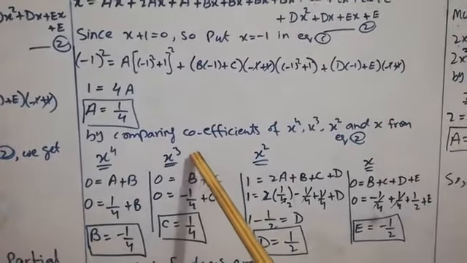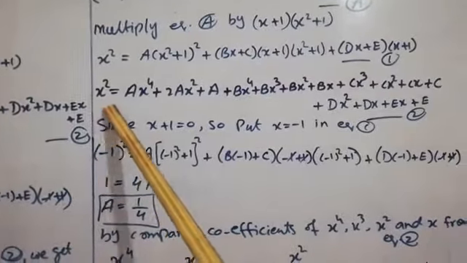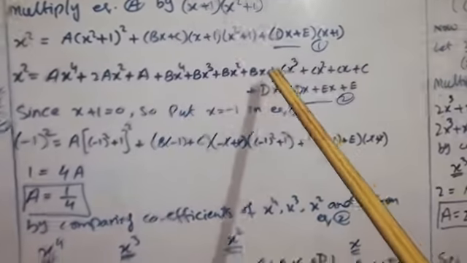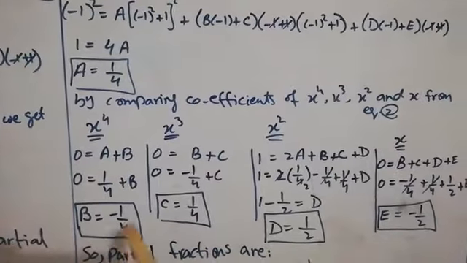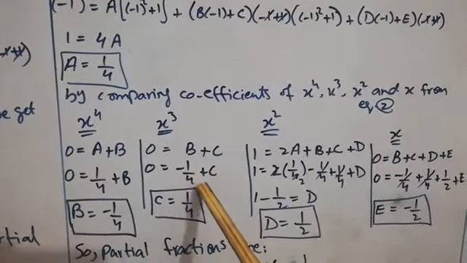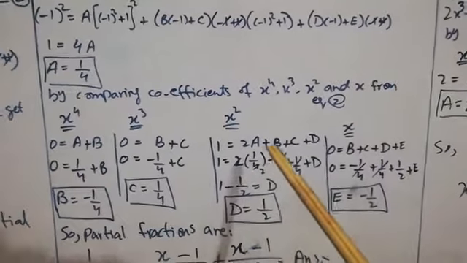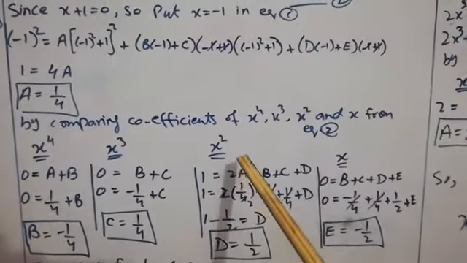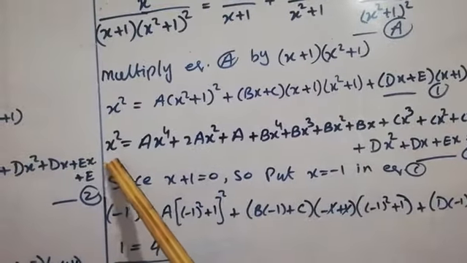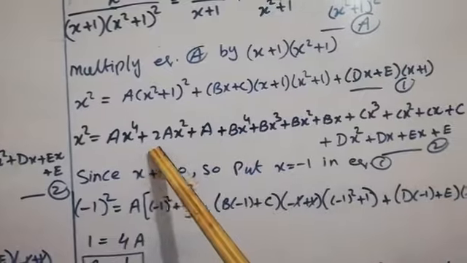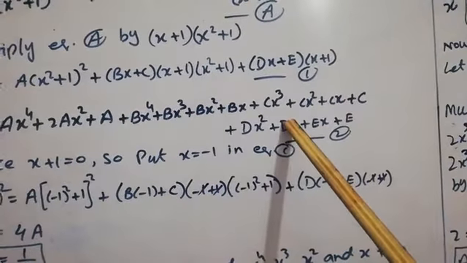Now we compare the coefficients of x cube. Here x cube is 0 on the left hand side, and on the right b plus c, so 0 is equal to b plus c. The value of b is minus 1 by 4, so we find the value of c, which is equal to plus 1 by 4. Now we compare the coefficients of x square. The coefficient of x square is 1 on the left hand side, and on the right 2a plus b plus c plus d.